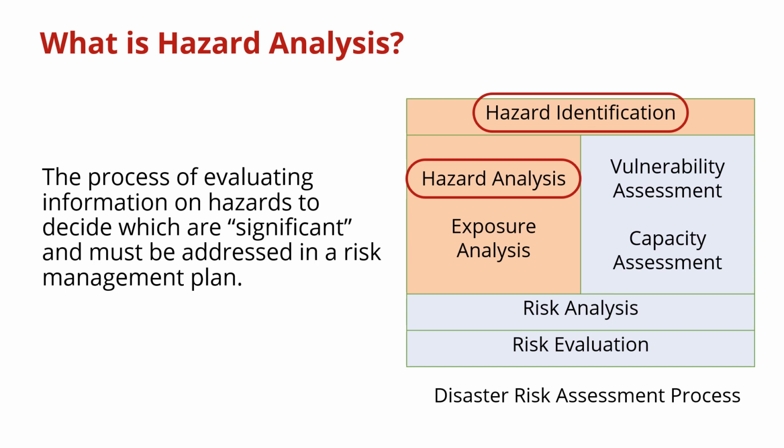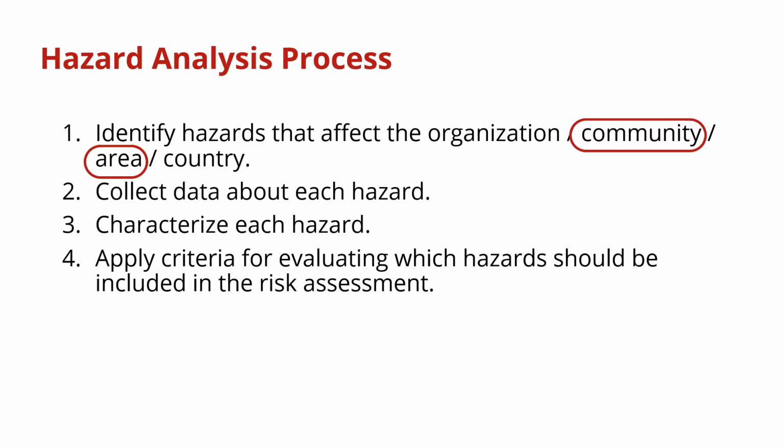Basically, it's a process of evaluating the information on the hazards to decide which are significant and must be addressed in a risk management plan. Hazard analysis is useful because it helps to create awareness about hazards that threaten communities, organizations, or society. So it is very important to look at the hazard analysis process.